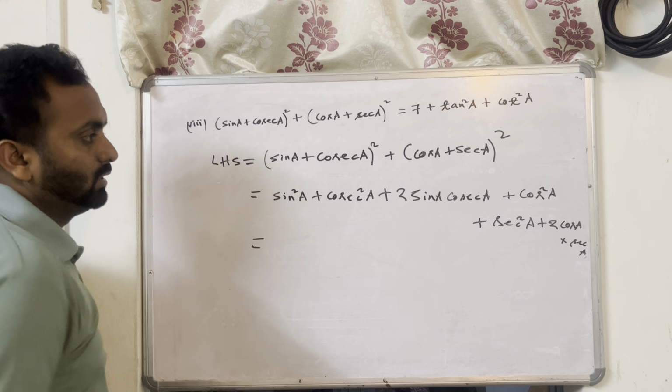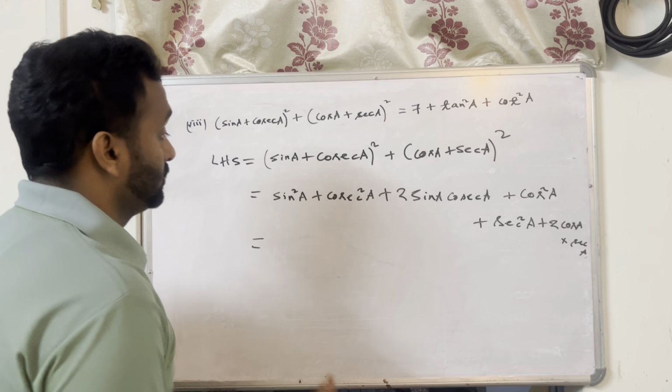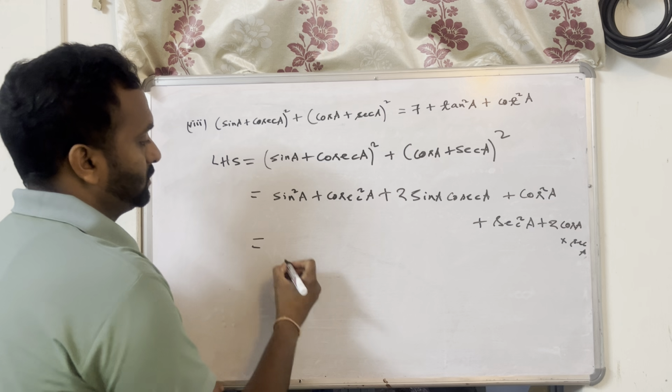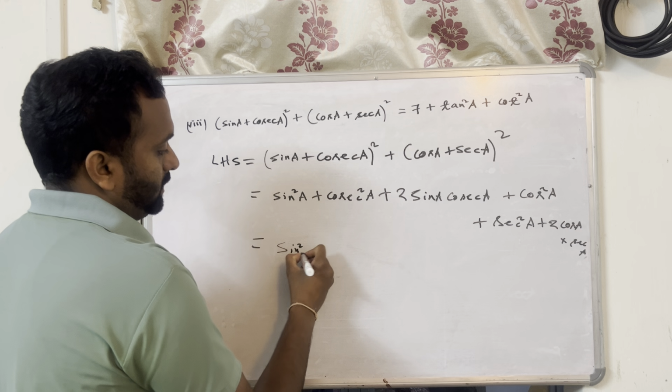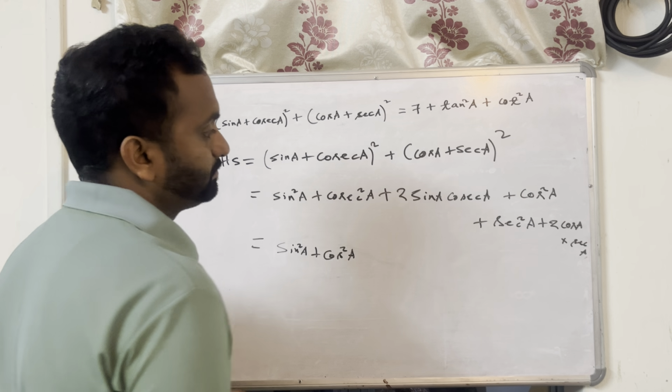So look here carefully, sine square A plus cos square A is how much? 1. Yes or no? So first of all let's arrange them together. So sine square A plus cos square A, I'm writing them together.